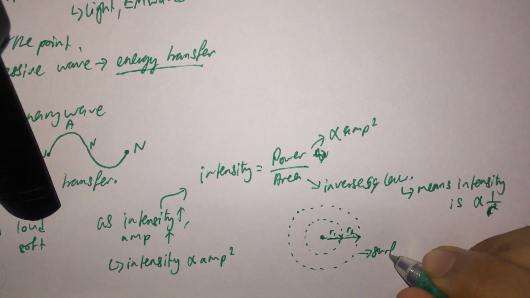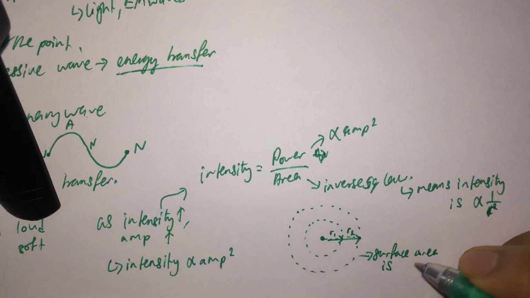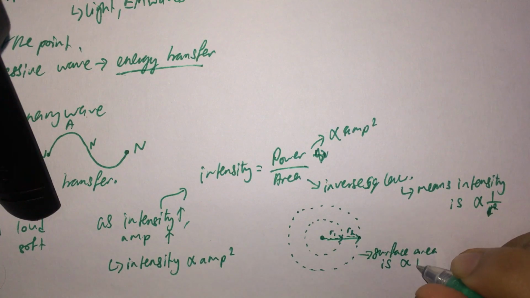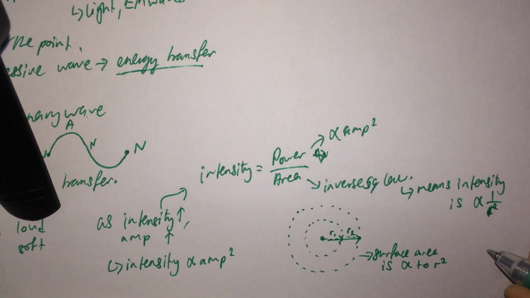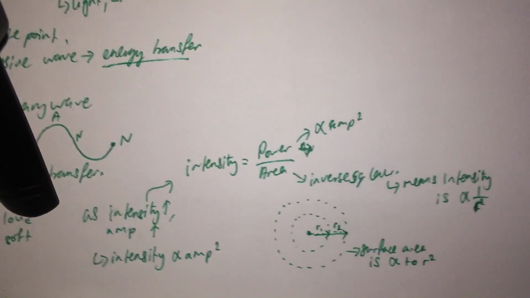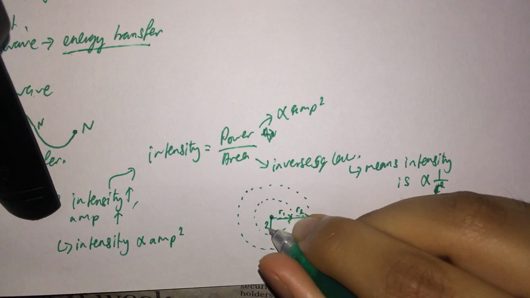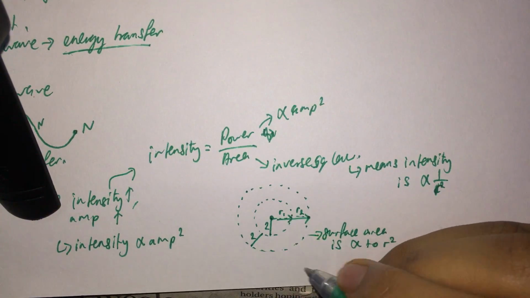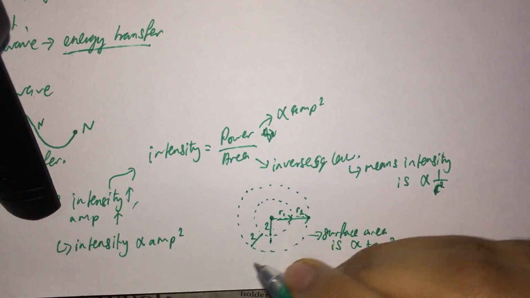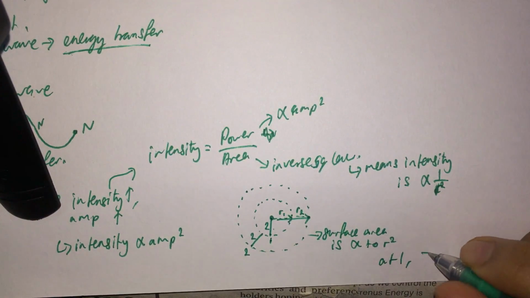So actually this is not really related to the intensity and amplitude square thing. It's a different logic. With distance, the intensity decreases in a square-ish way. You know what I mean? Let's say at 2 meters the wave is of intensity I, and at 4 meters, what's the intensity?